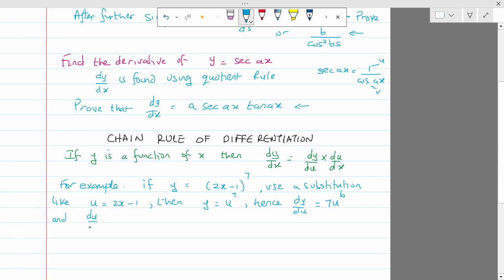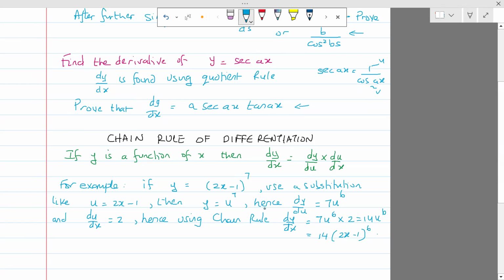And what happens to du by dx? u equals 2x minus 1, so du by dx becomes 2. Hence, using the chain rule, dy by dx equals dy by du, which is 7u power 6, multiplied by 2, du by dx, and this becomes 14u power 6. And now you substitute the u back, you are going to have it as 14(2x minus 1) power 6.